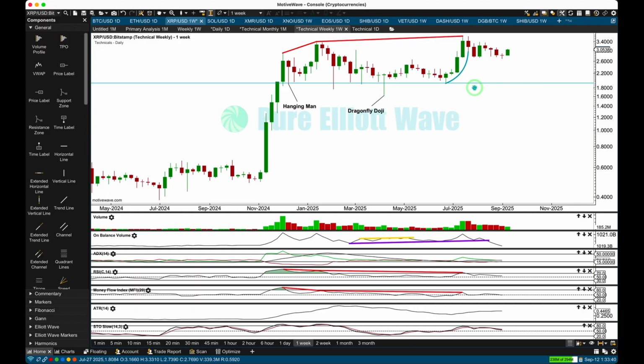This area is horizontal and it has multiple tests, and they have all held, including before the last all-time high. So this area of technical support is very strong. I will expect it to continue to be strong until it gives way. If it gives way, then for the midterm, XRP could be in trouble. While it remains above this area, I expect good things to happen, most likely.